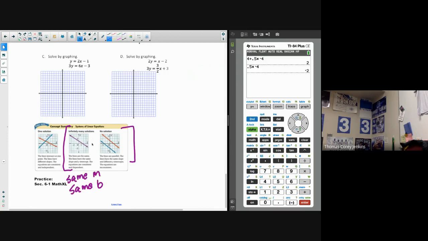And the way they make that not obvious is you have to solve for Y. Or no solution would be same M. So it starts the same way, but a different B. Okay, and then if they have a different slope, then they're going to have one solution. All right, so different slope has one solution. Okay, so that's a good thing to know as well to finish out these notes.